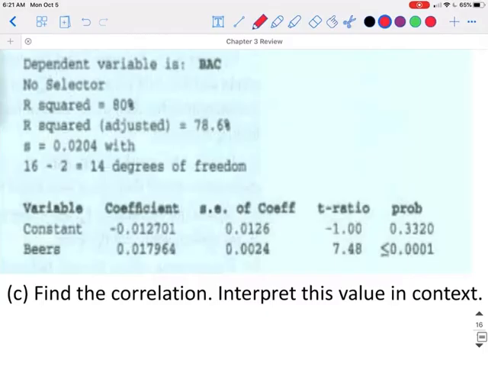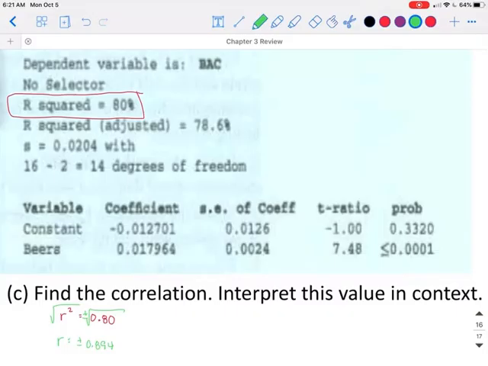Find the correlation, interpret its value in context. Right now we know that the R squared value is 80% or 0.80. To find the r value, we're going to take the square root of both sides. But remember, when you take the square root, it is positive or negative.